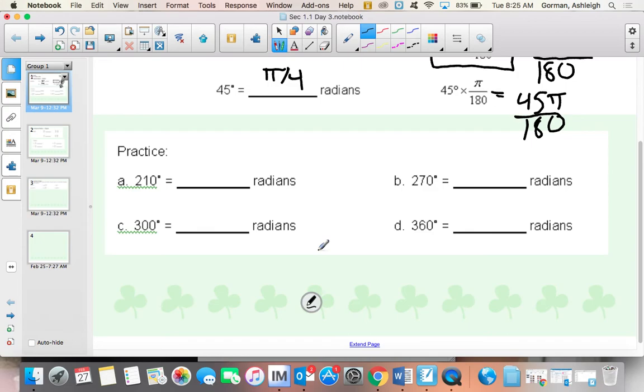So in part A, B, C, and D, all you're doing is multiplying by pi over 180. Pretty straightforward. So like 210, multiply by pi over 180. That's going to give us 7 pi over 6 radians.